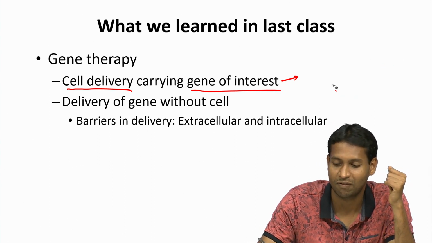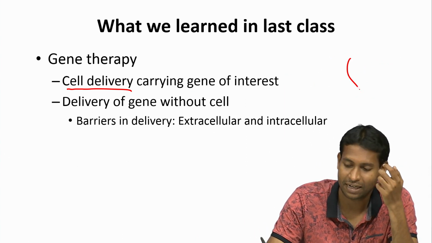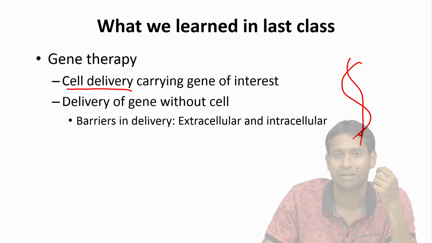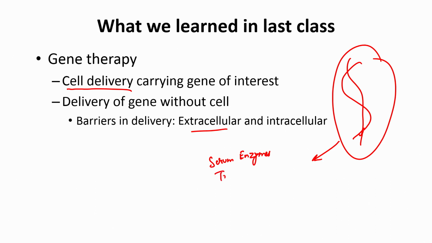Of course, it is all well and good to say that you can deliver DNA, but the delivery of DNA has several challenges. First of all, there are several extracellular barriers. Your serum contains lots of enzymes that can degrade it. It is hard for this to target the organ that you want.